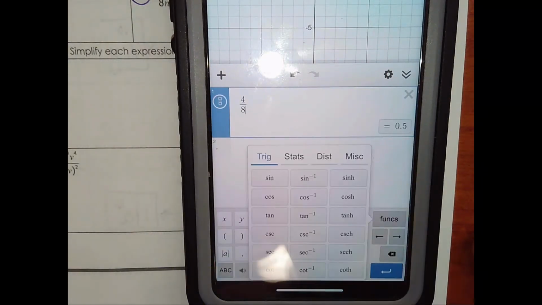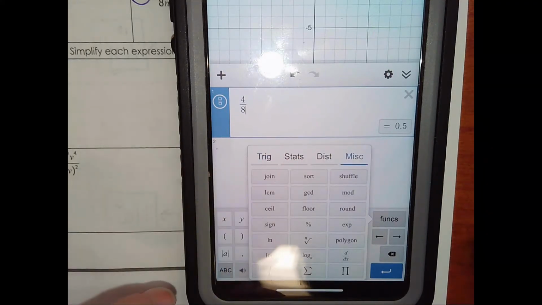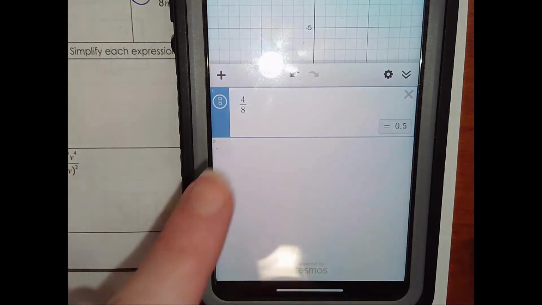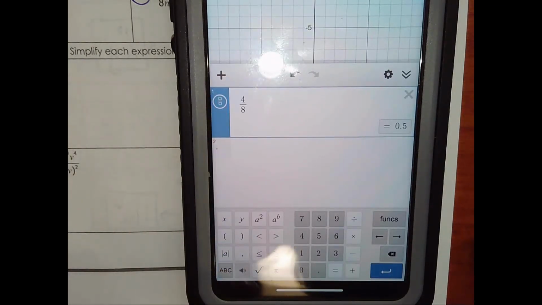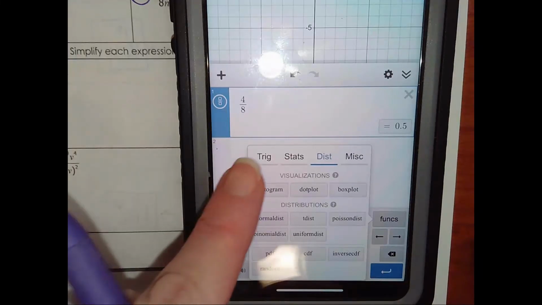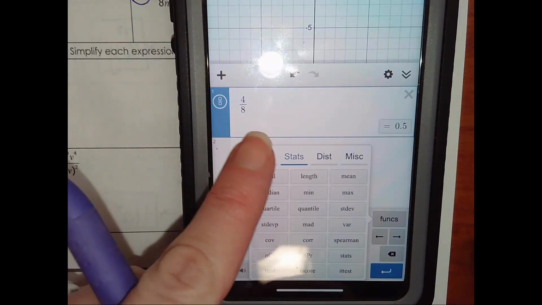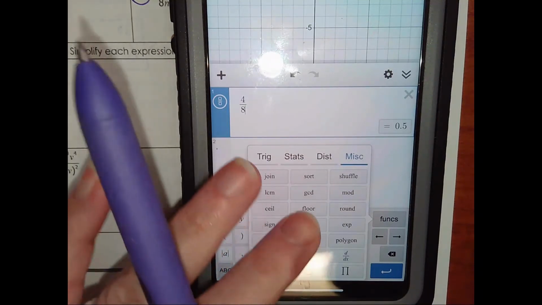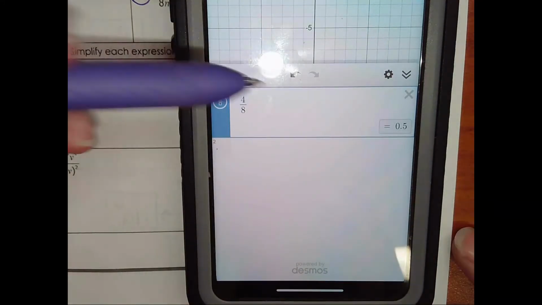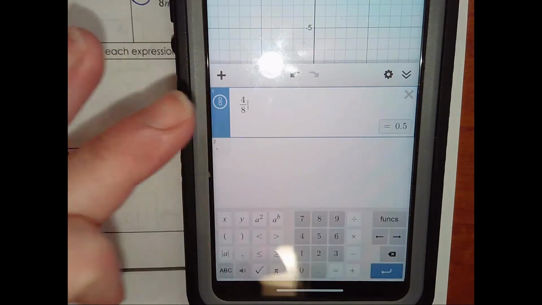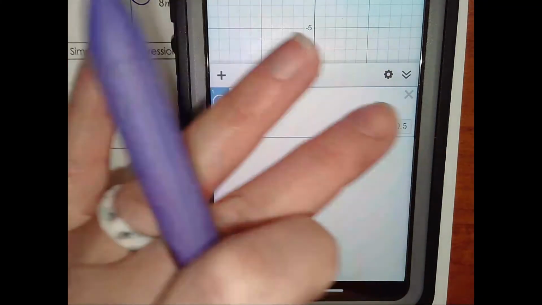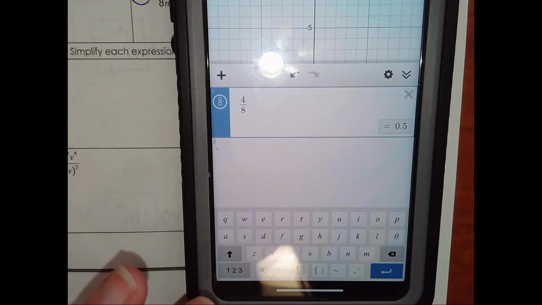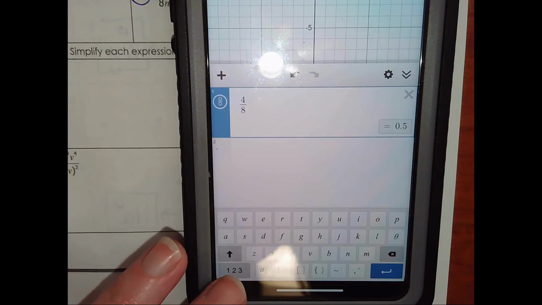I was hoping it could change this into a fraction, our calculators in school will do that, but it doesn't work.